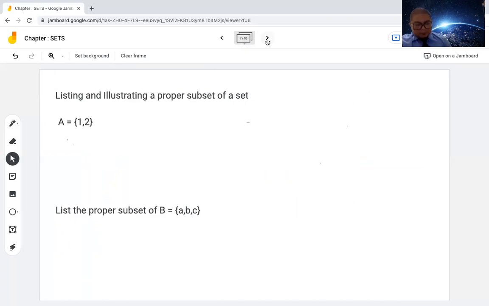Okay, so in this part, we are going to list and illustrate a proper subset of a set.